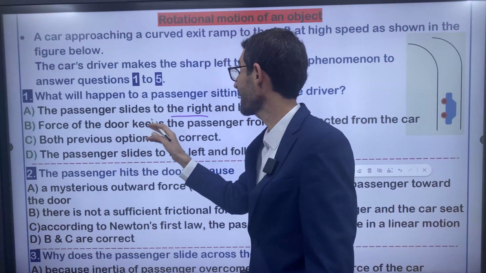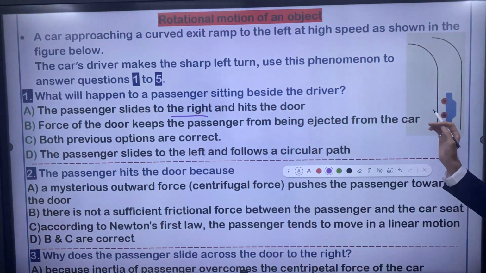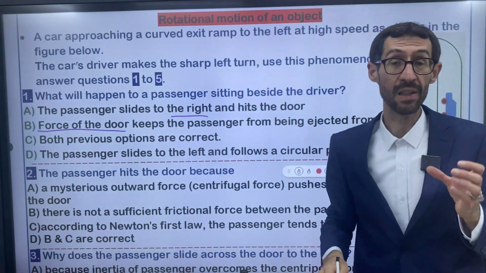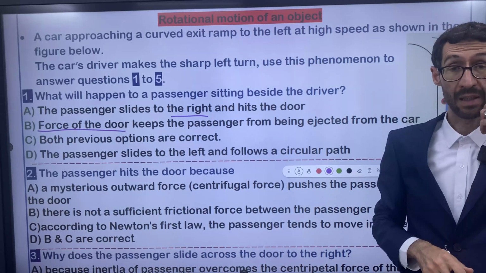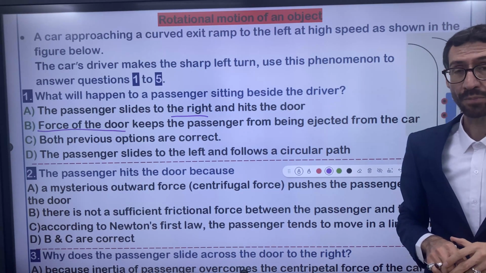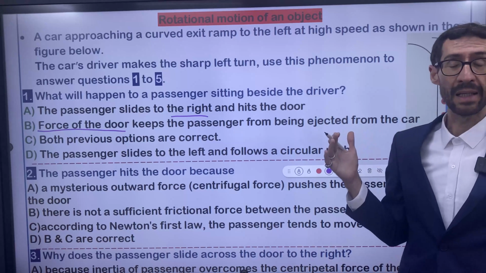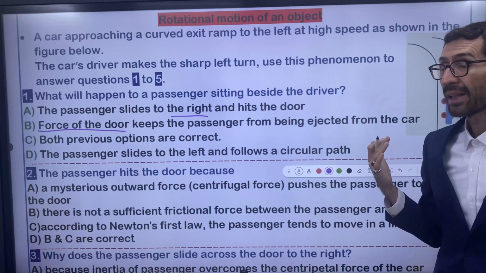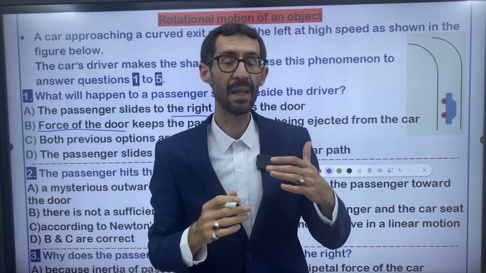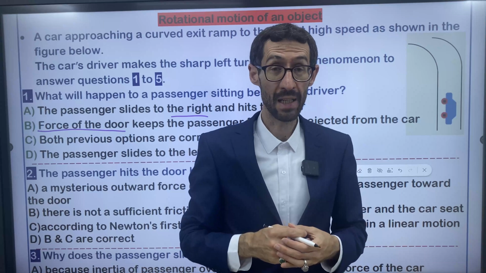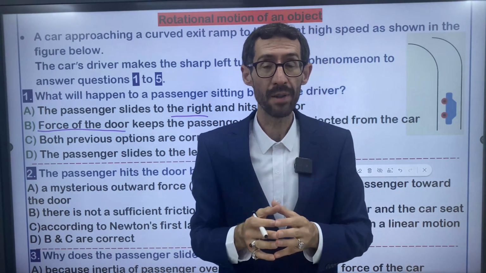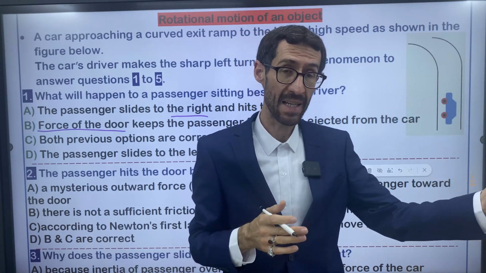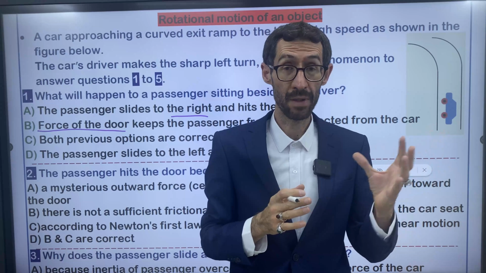B, force of the door keeps the passenger from being ejected from the car. Teacher, does the door have any force or not? Of course. I can say the normal force of the door. Normal force of the door in this situation keeps the passenger from being ejected. The door tries to bring the passenger back to the circular track. So here, the normal force of the door, or reaction of the door against the passenger, becomes a part of centripetal force.